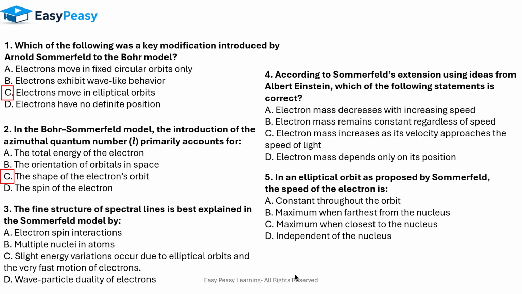The fine structure of spectral lines is best explained in Sommerfeld's model by slight energy variations that occur due to elliptical orbits and the very fast motion of electrons. According to Sommerfeld's extension using ideas from Albert Einstein, which of the following statements is correct?